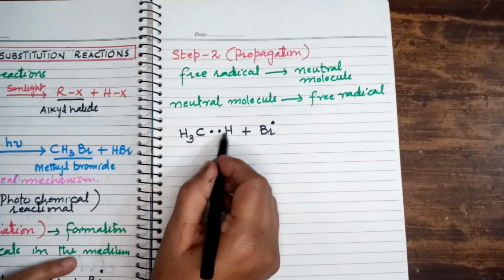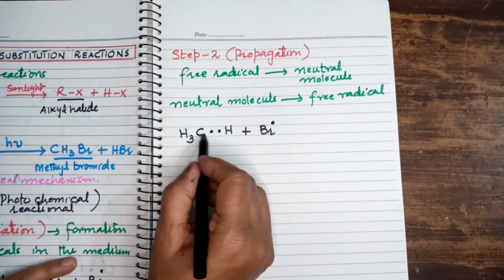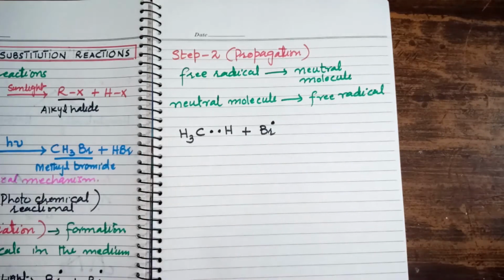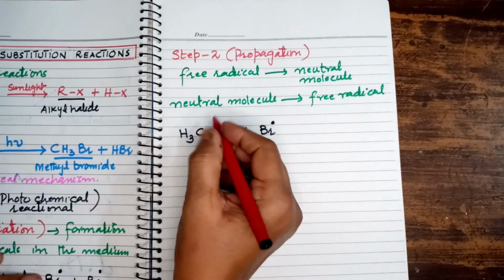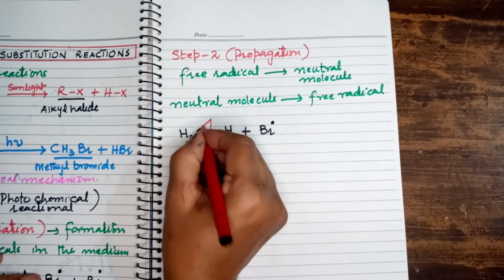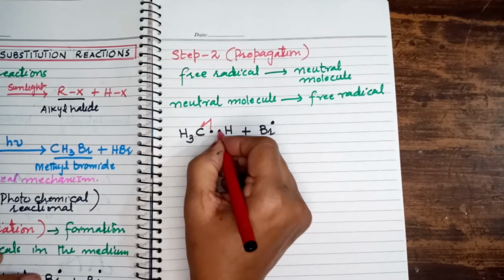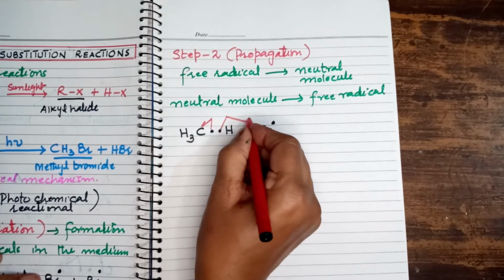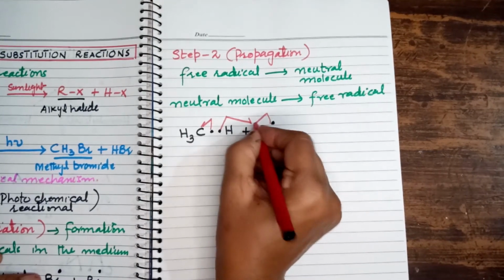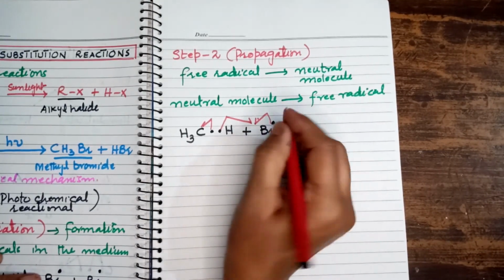The bond between carbon and hydrogen is homolytically cleaved in such a way that a single electron shifts to this carbon, and hydrogen will contribute its electron over here, and bromine will contribute its electron over here.